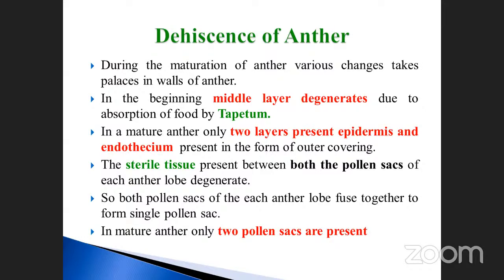As a result, each and every mature anther has only 2 pollen sacs. They may ask the question: the mature anther contains how many pollen sacs? Only 2 pollen sacs are present. That is also very, very important.